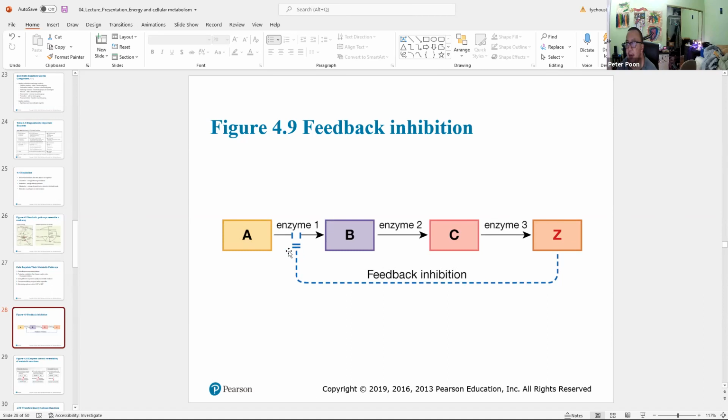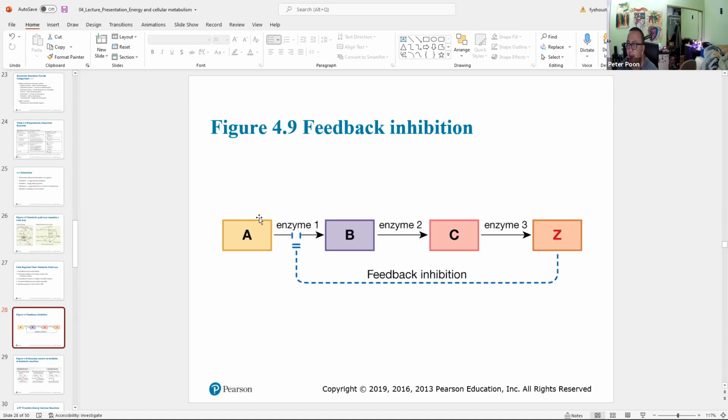These parallel bars, or this perpendicular arrow, mean that this is inhibiting enzyme 1, preventing enzyme 1 from working.